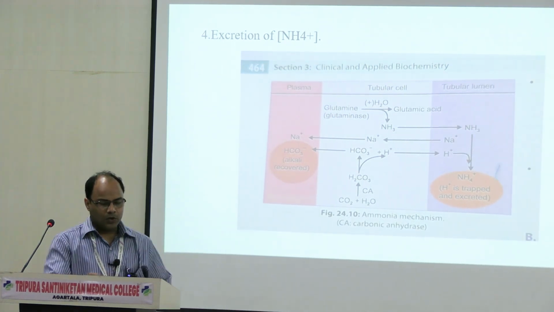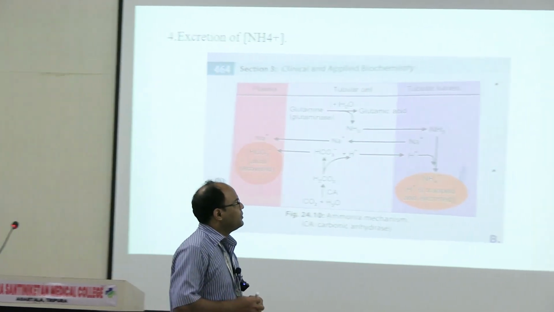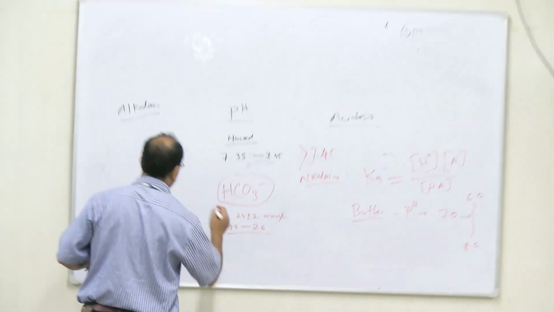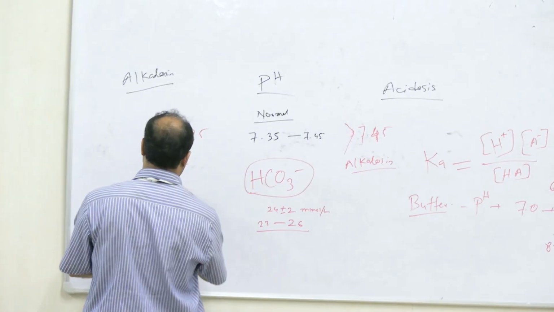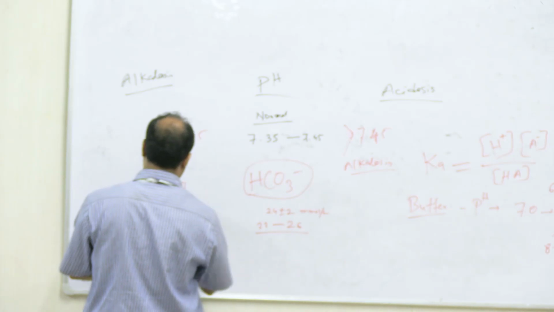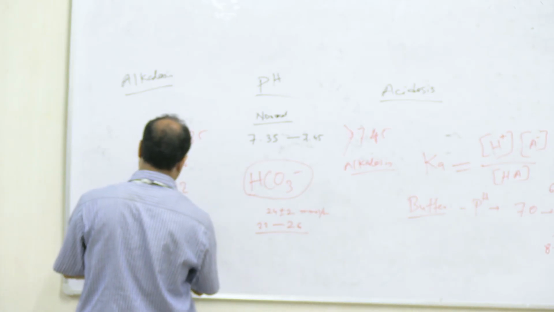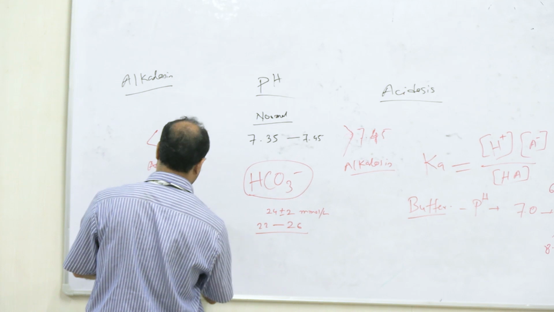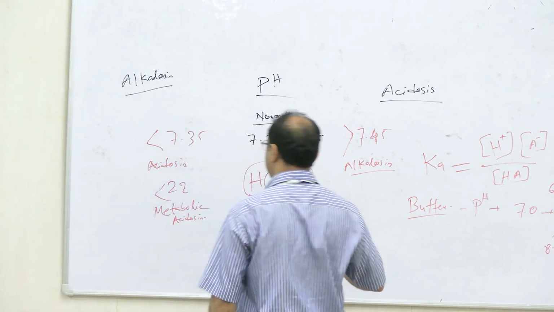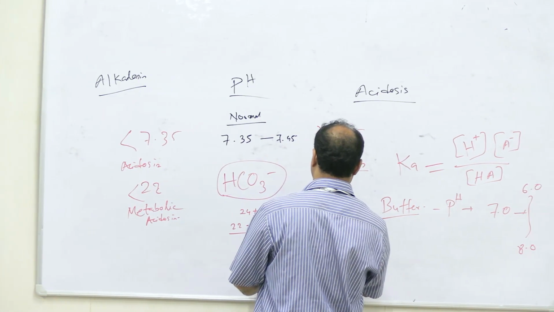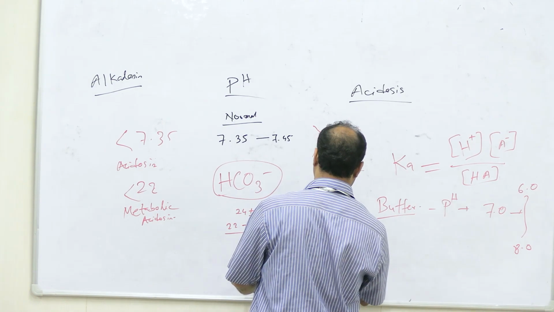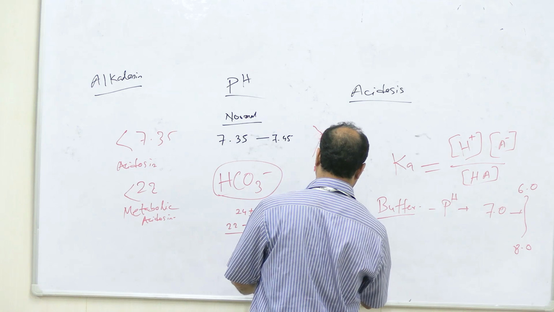Okay. So today just see here: when bicarbonate is less than 22, that is called metabolic acidosis. And where it is more than 26, it is called metabolic alkalosis.